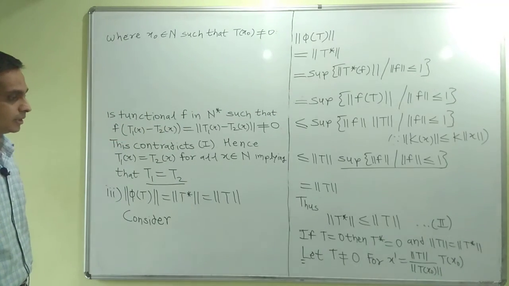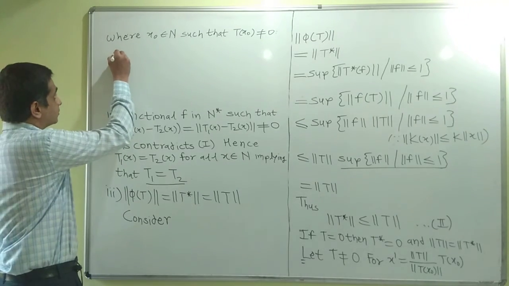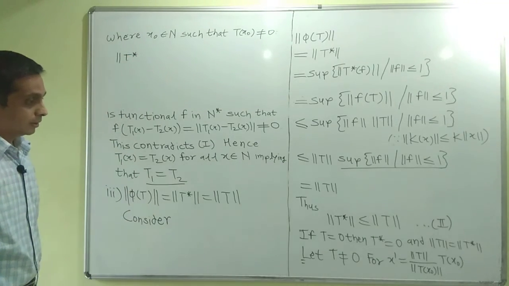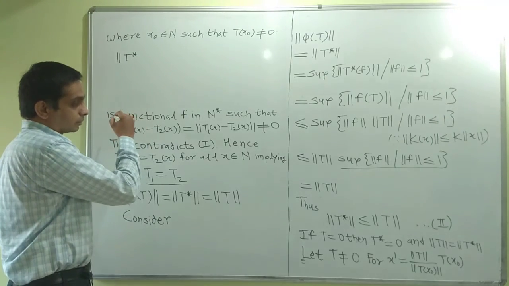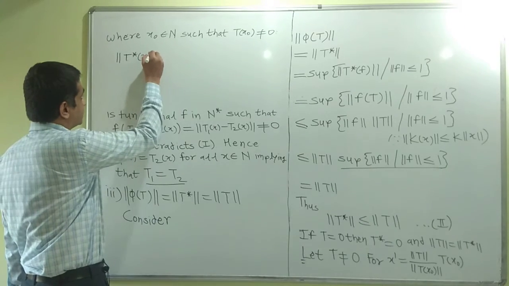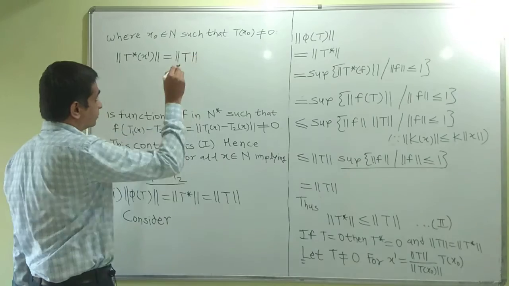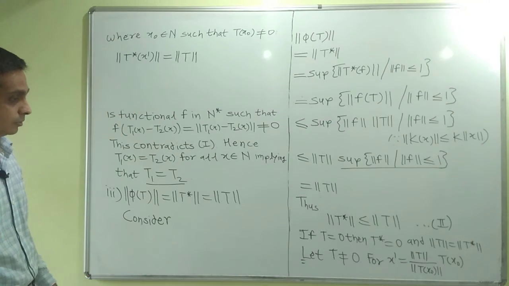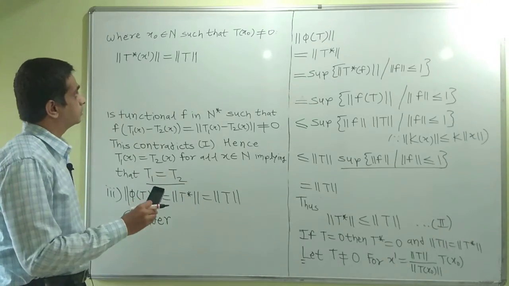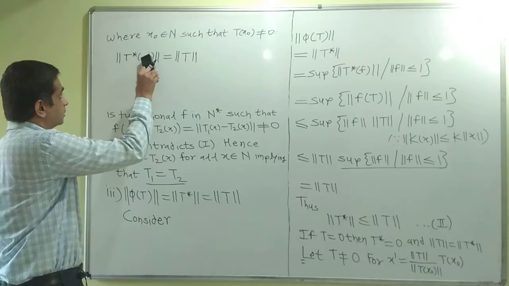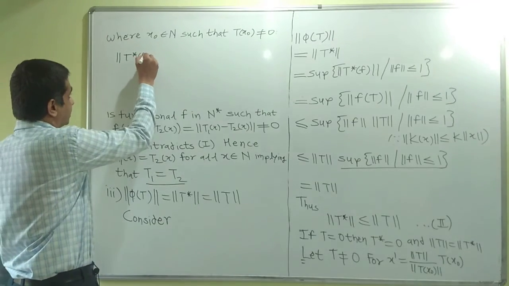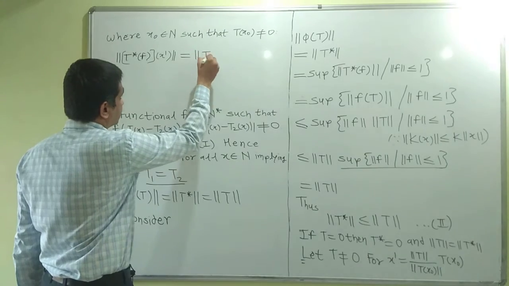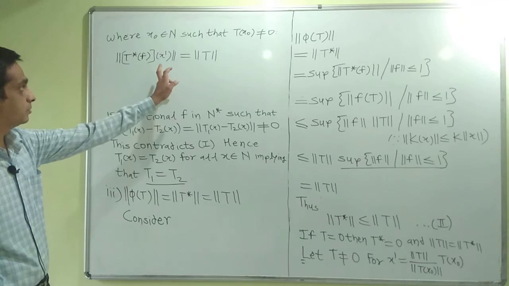Then for this choice of x dash, it is easy to verify that norm of T star of x dash is actually equal to norm of T. So you can try to verify this, that norm of T star f x dash equals norm of T, which you can easily verify by using the definition of T star of f.